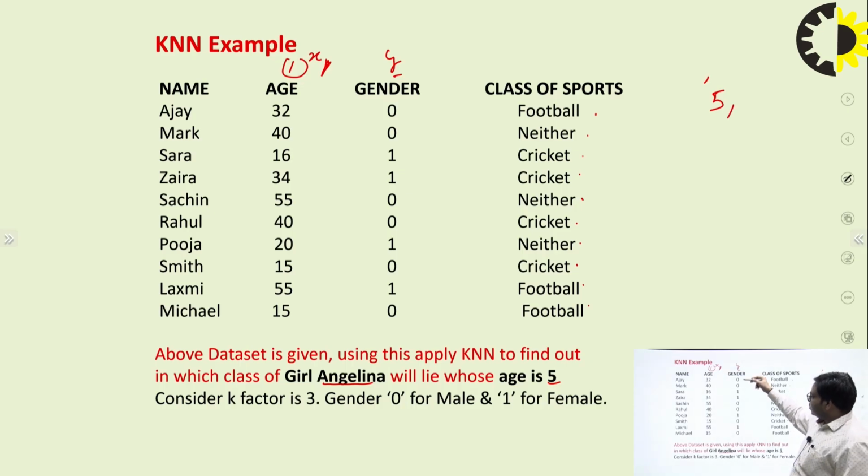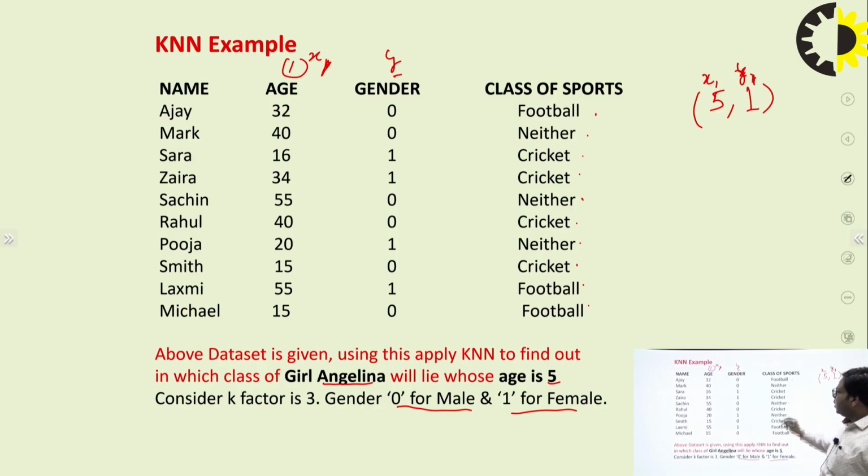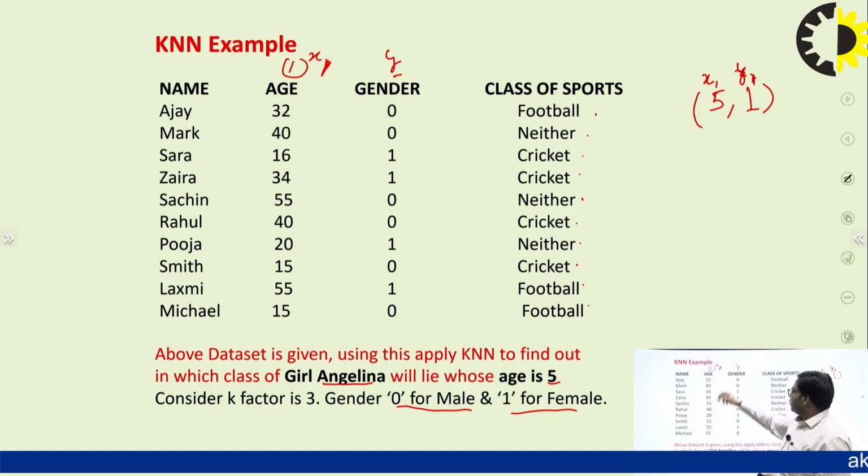Gender is quantified in the form of 0 and 1: 0 is for male and 1 for female, so it is 1. So 5 and 1 we will keep as x1 and y1 for the convenience of applying the distance formula, and we can call all the other values x2 and y2.